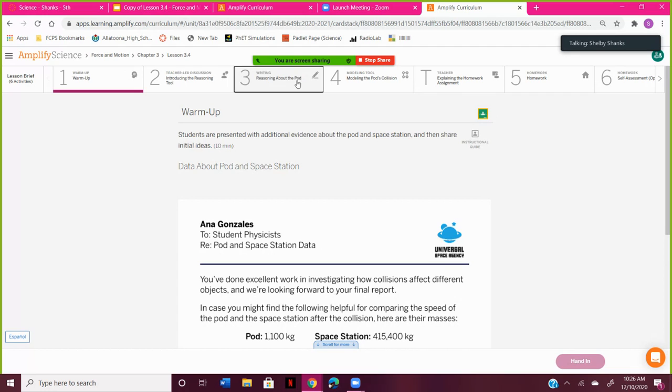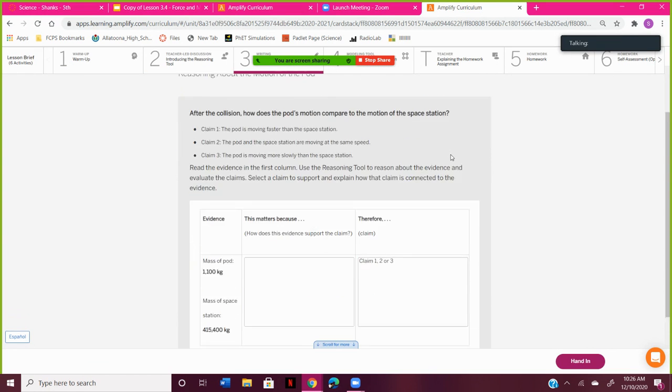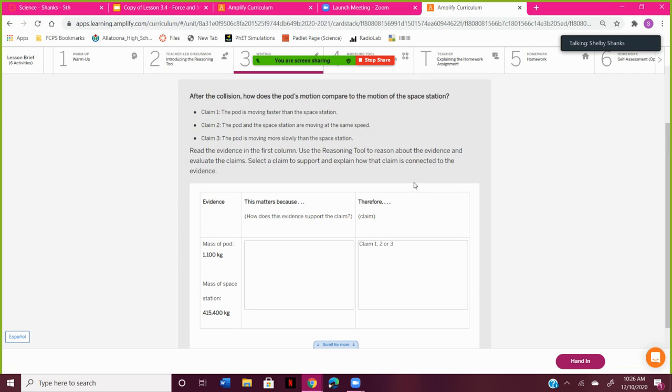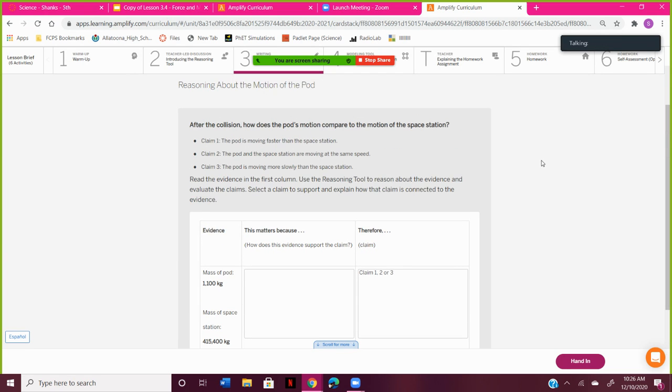So if I'm in tab 3, you will put claims 1, 2, or 3 right here, and then you'll type out that claim. So if you picked claim 2, you say the pod and the space station are moving at the same speed, and then you explain how this evidence, so how the mass of the pod and the mass of the space station support that claim. And that is the only chart that you have to fill out for this activity.